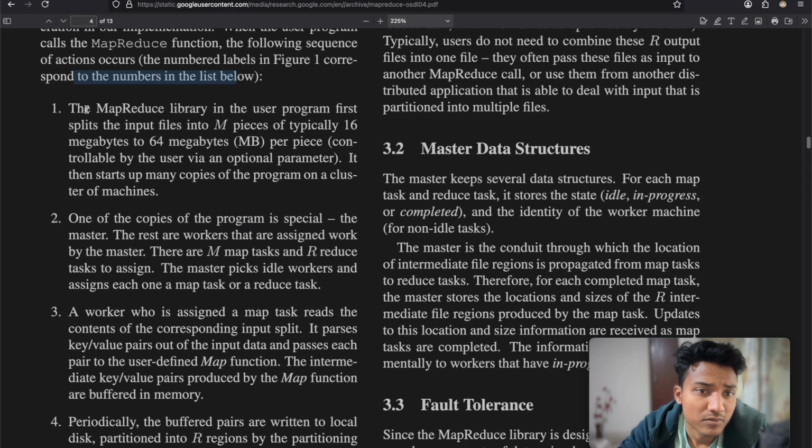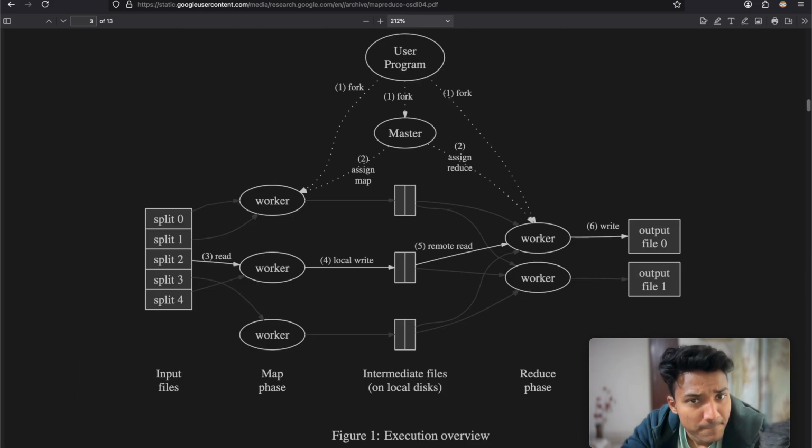The MapReduce library in the user program first splits the input files into M pieces of typically 16 megabytes to 64 MB per piece, controllable by the user via an optional parameter. It then starts up many copies of the program on a cluster of machines.